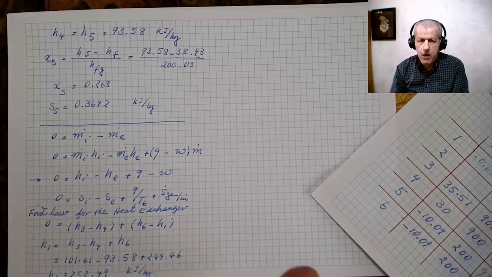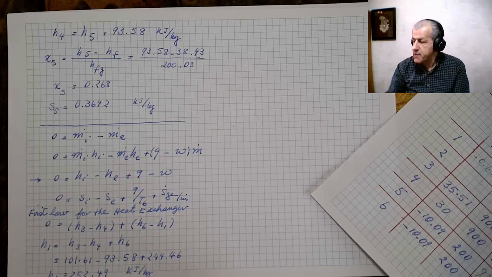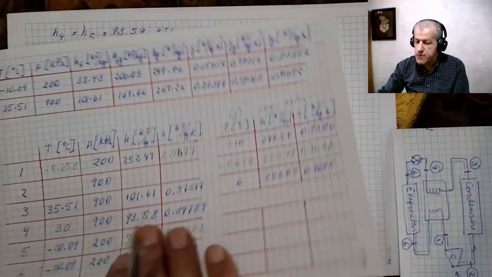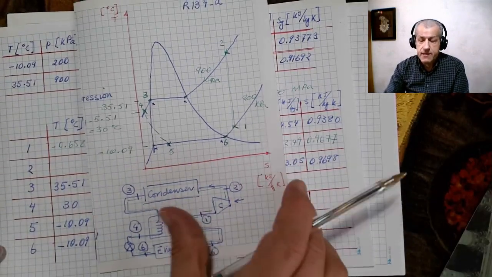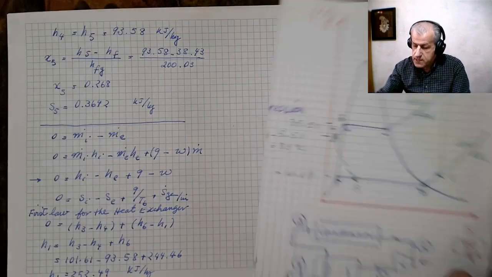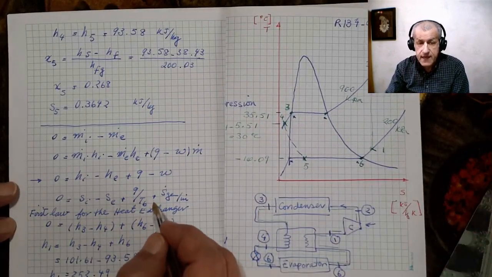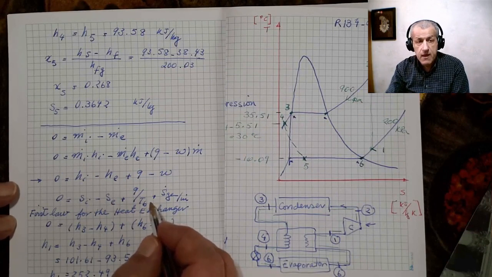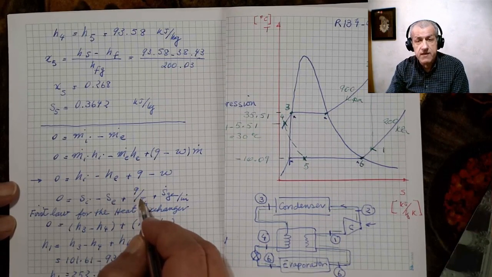So somehow there should be some knowledge of whatever happens inside that compressor. For the present problem, it tells us that the compressor is adiabatic and reversible. Since it is adiabatic, this term vanishes.